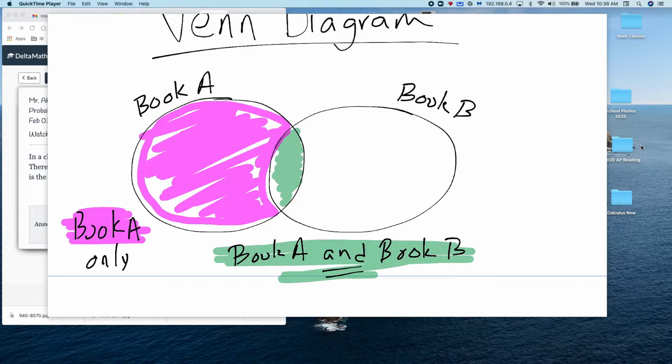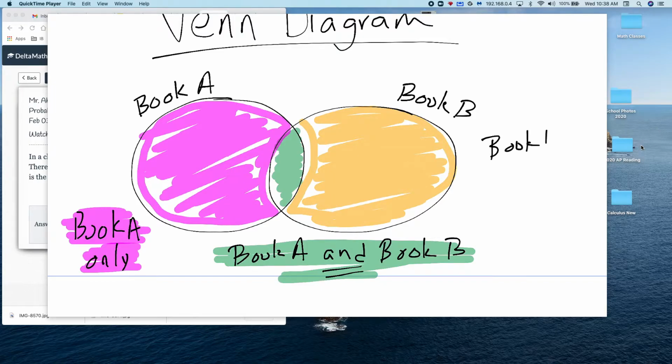So it doesn't have to do with anything in book B. And this space right here is just book B only, right? So maybe it's what is occurring in just book B. Anyway, that's how you might write some different similarities in a book in an English class.